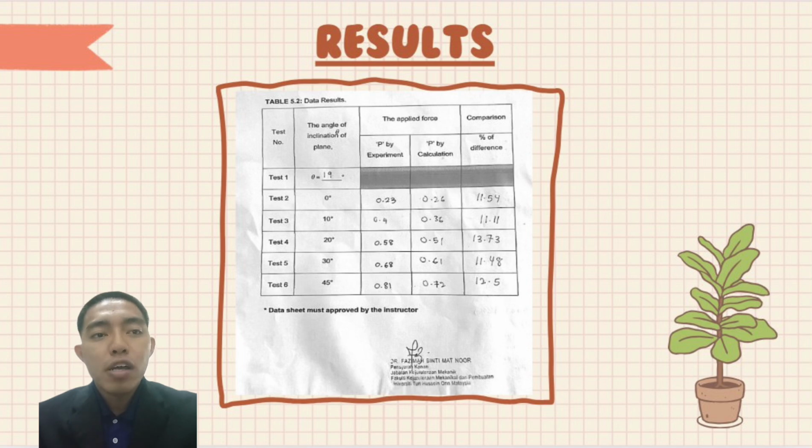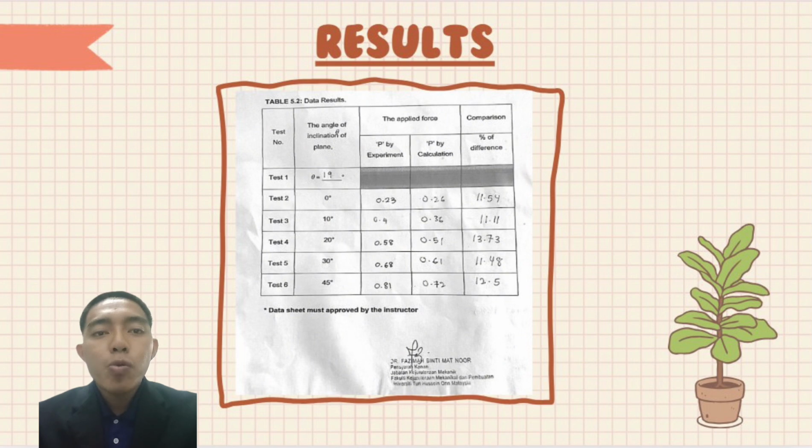For test 1, the angle of inclination of the plane is theta equal to 19 degrees. Next, test 2. When the angle is 0 degrees, the applied force by experiment is 0.23 and by calculation is 0.26.